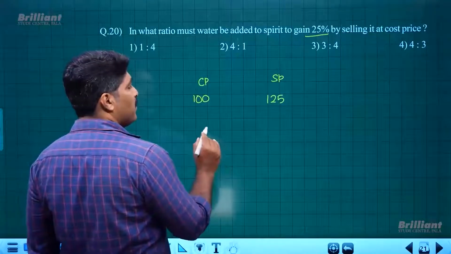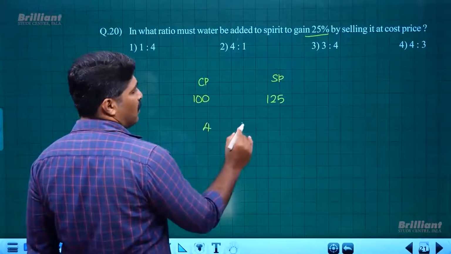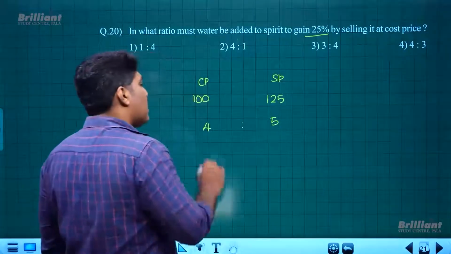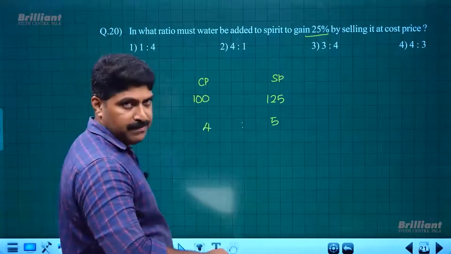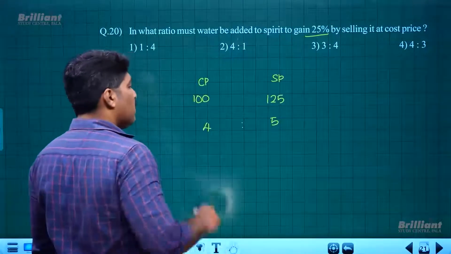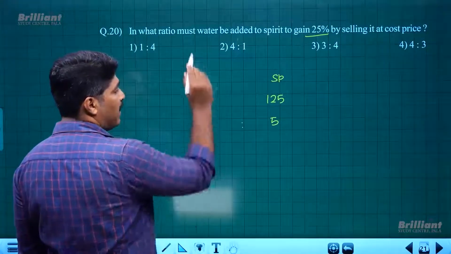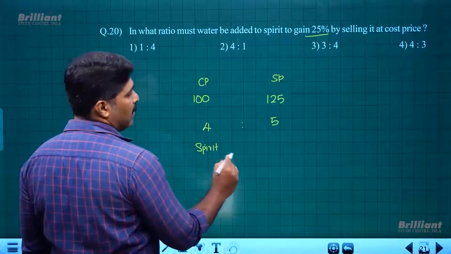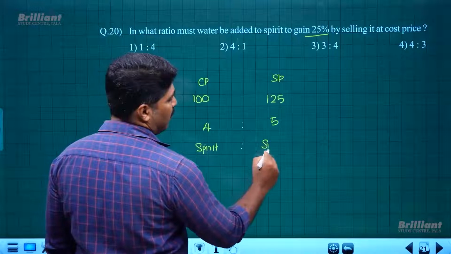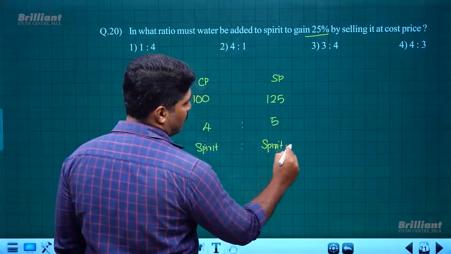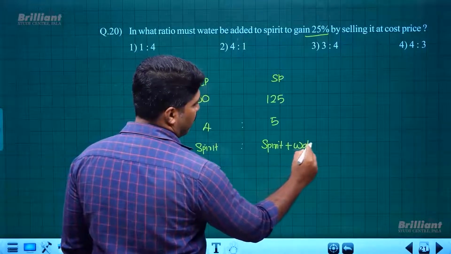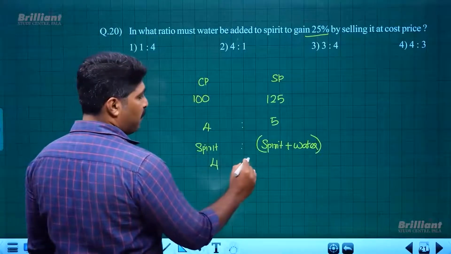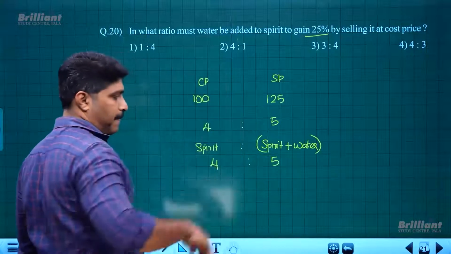That's same as the ratio of the quantities. So the ratio of the quantities, in the sense here, is first pure spirit is to spirit plus water. That's the final solution. So that is 4:5. Got it?